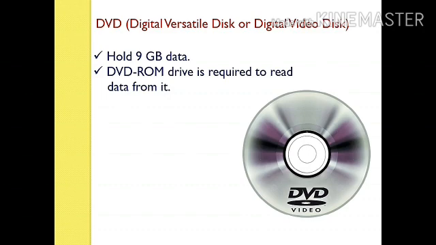It is an optical disc storage device. It can be stored on one or both sides. Capacity may range from 4.7 GB to 8.5 GB. We can store an extensive range of computer applications and movies on a single DVD.